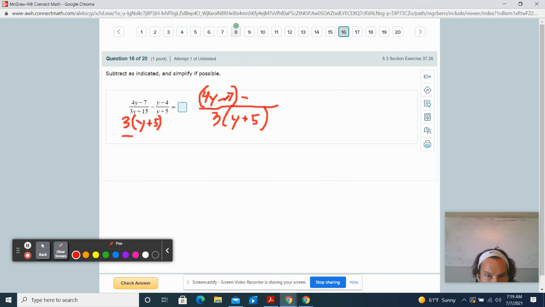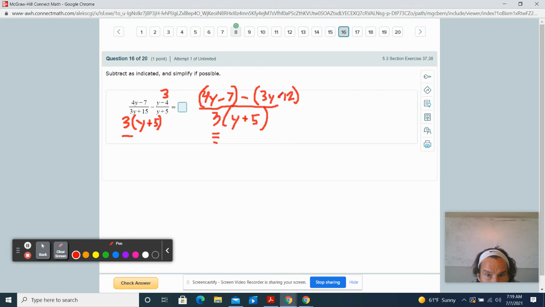And then this y minus 4 has to be multiplied by a 3. Now I'm going to make sure I put this in parentheses. 3 times y is 3y. And 3 times negative 4 is negative 12.